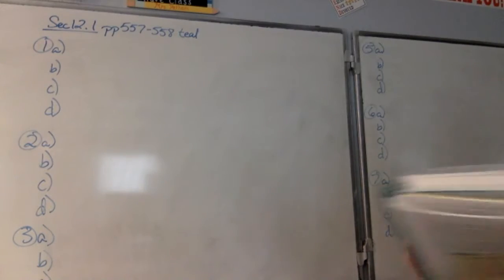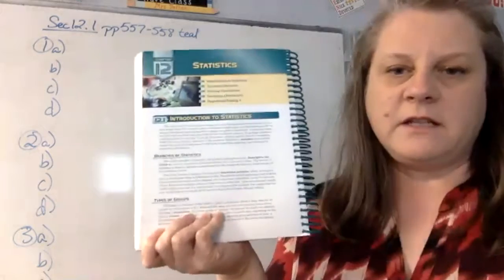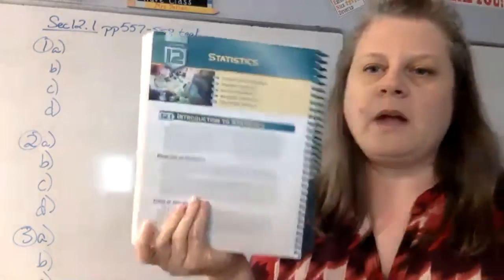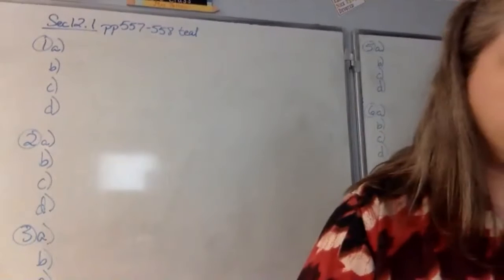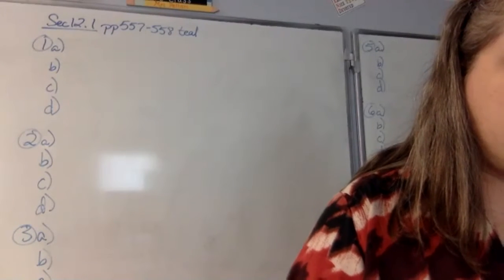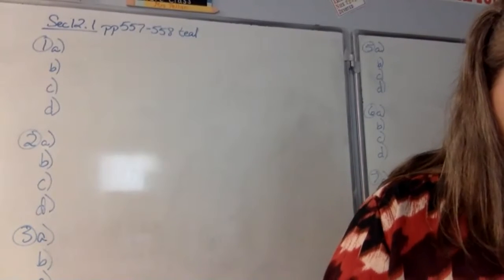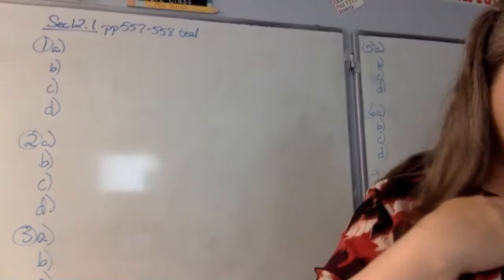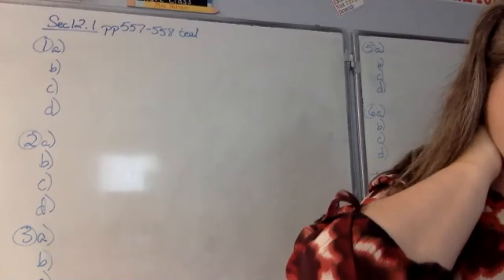Okay. We got to go through some definitions here in your book. Starts on page 552, statistics. Statistics is the study of techniques for collecting, organizing, analyzing, and interpreting numerical information. Descriptive statistics are used to summarize the main features of a collection of data.